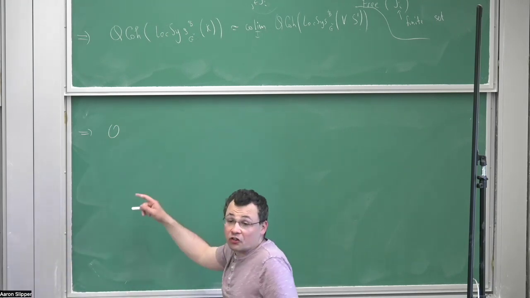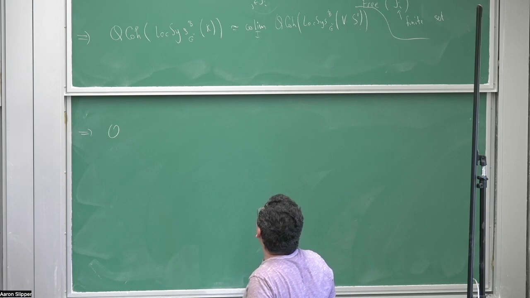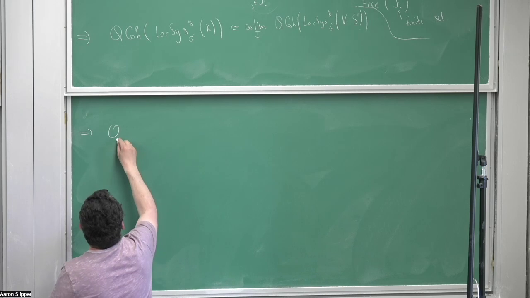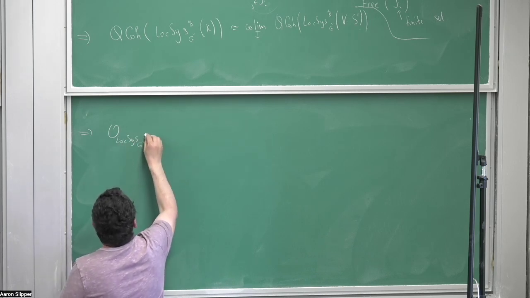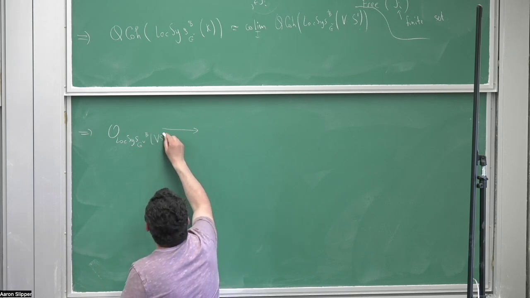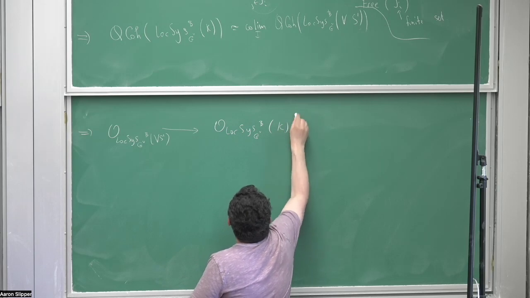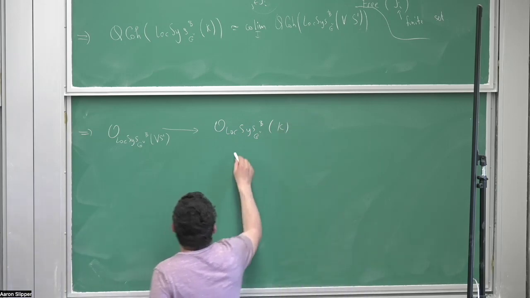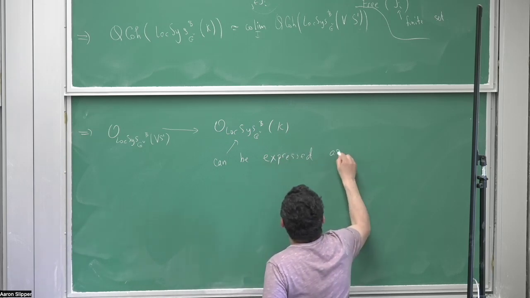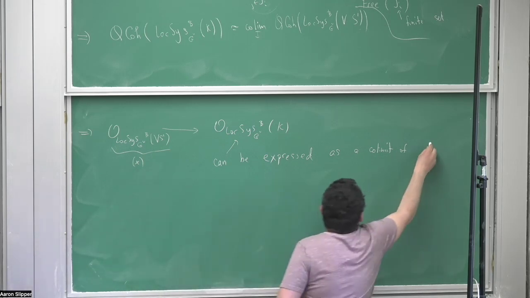All the functors are symmetric monoidal, they take O to O. They have a map from functions on these wedges of S1s, and this can be expressed as the colimit of these kinds of things.